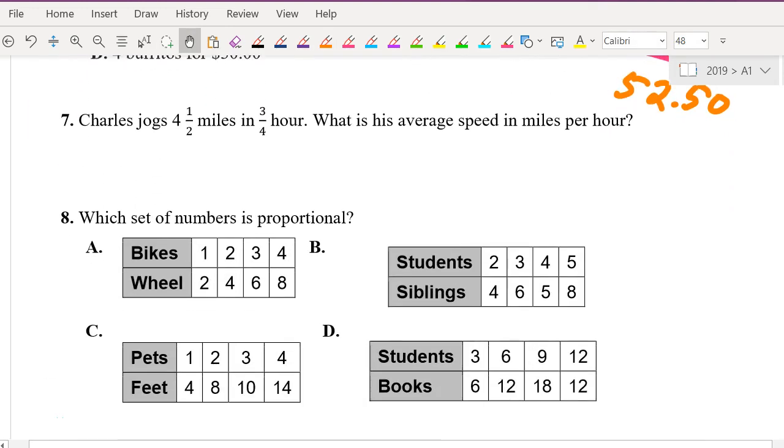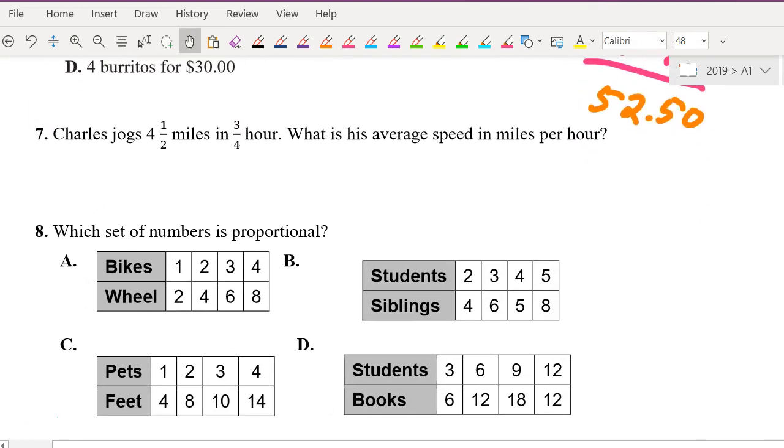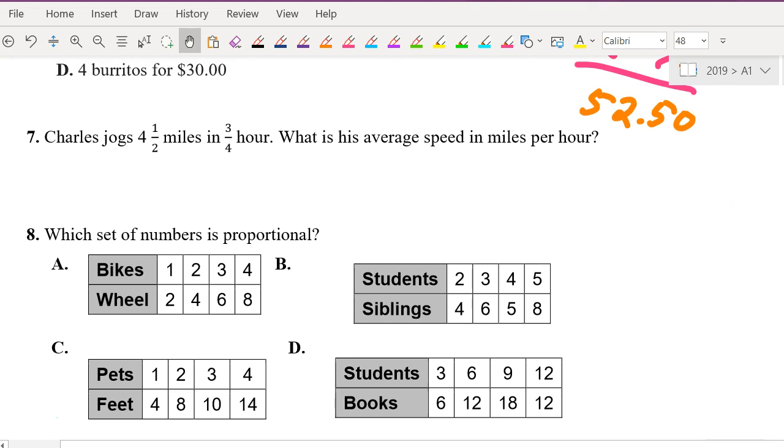Alright, next. Charles jogs this much in this much of an hour. What is the average speed? If we had this in, like, 3 hours, then you would divide by 3. But since it's a fraction, you still divide. It's just a complex fraction.